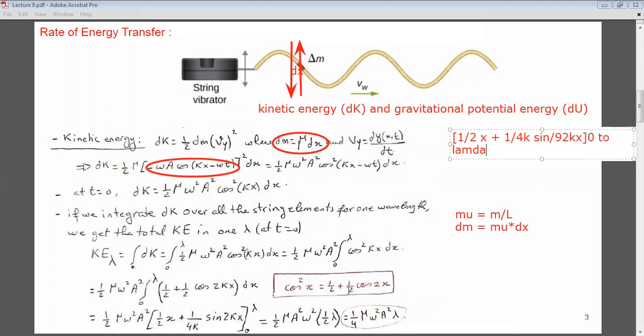I cannot write it in a better way, so just imagine it like this. So it will be half lambda minus half times 0, plus 1 over 4k sine 2kx.